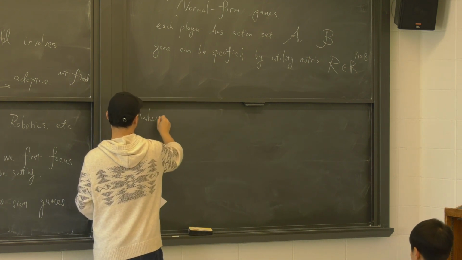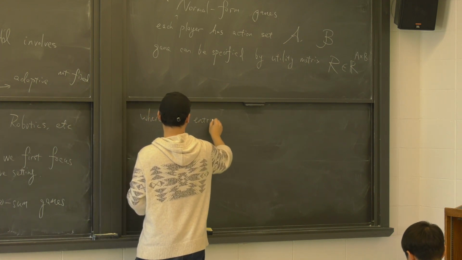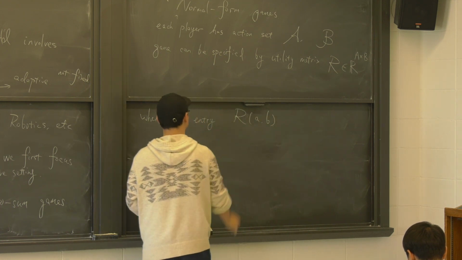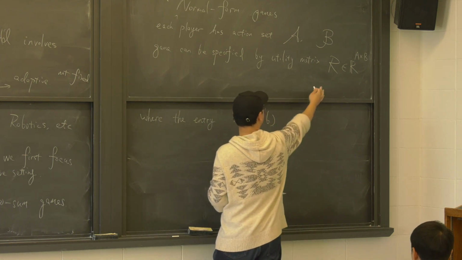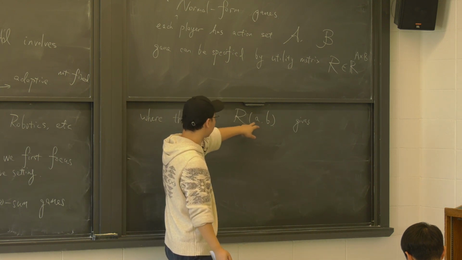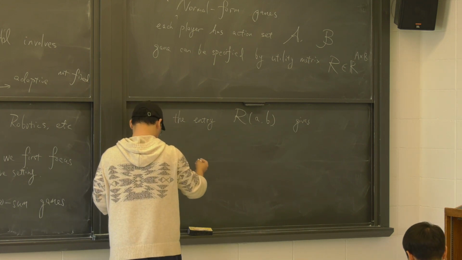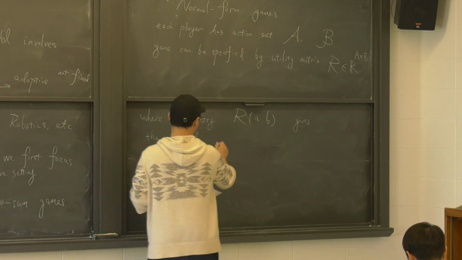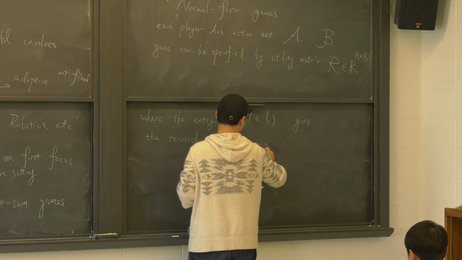Where the entry R_AB gives, essentially, this is a matrix, and we can look at one entry: when the first player takes action A and the second player takes action B, it gives the reward to, let's call the first player the max player, because we want to maximize this.